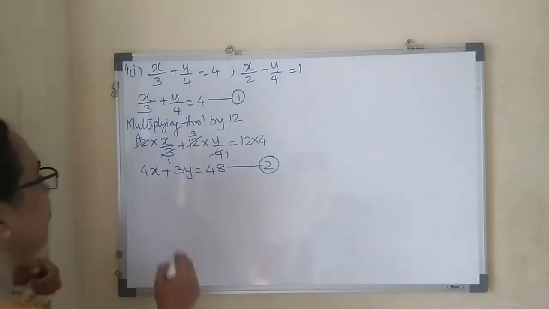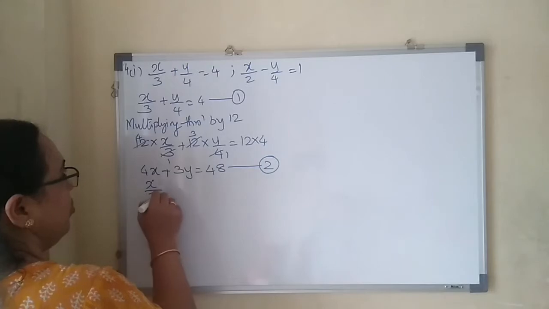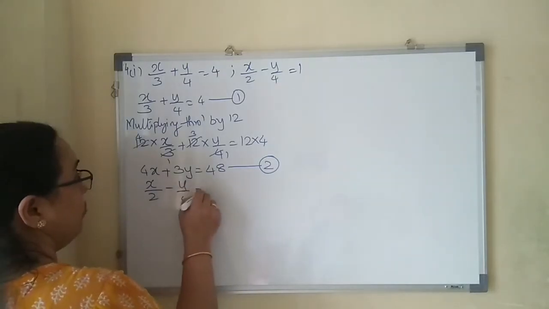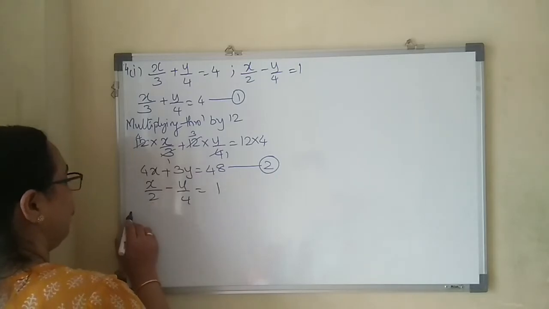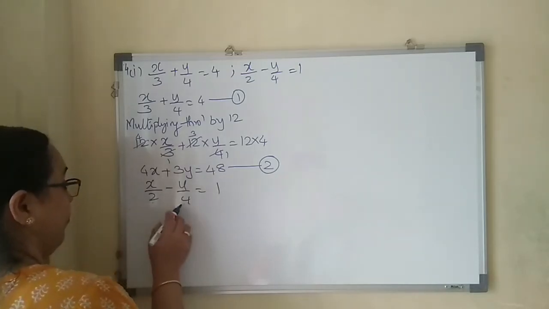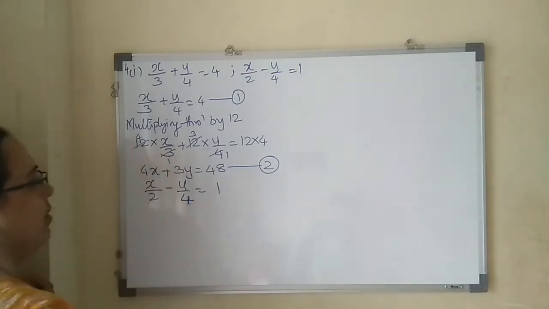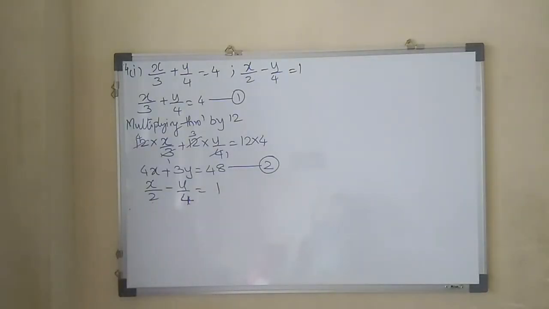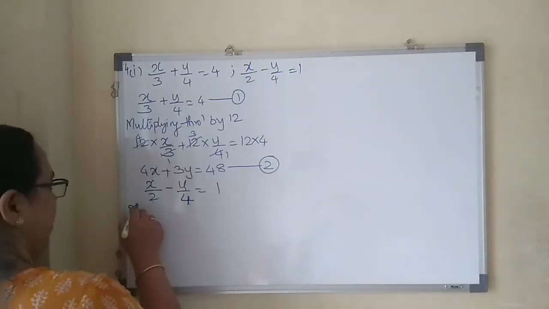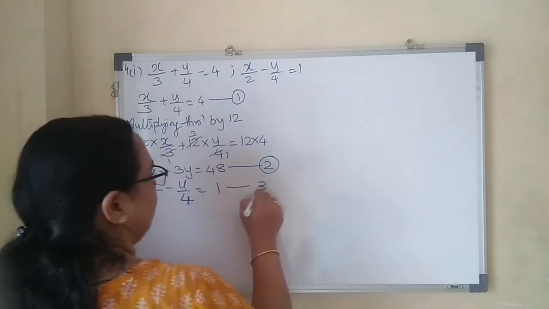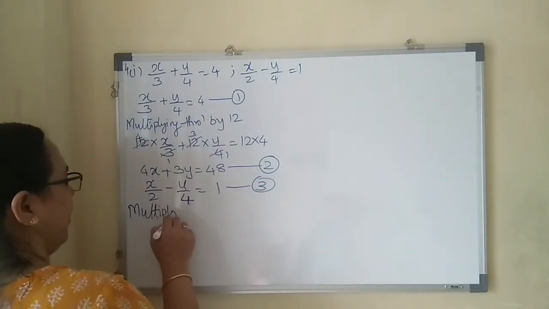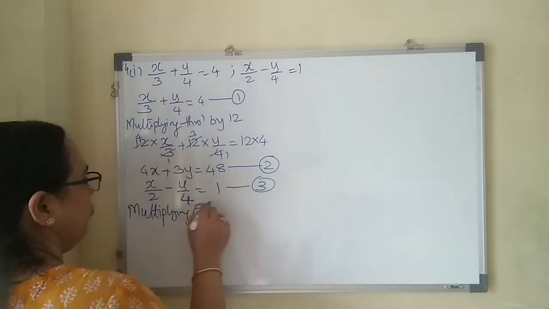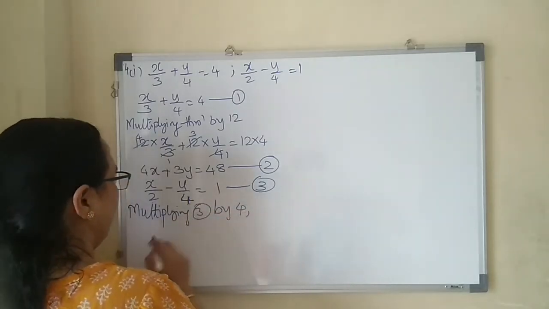What we have: x upon 2 minus y upon 4 equals 1. The LCM of 2 and 4 is 4. So, number it as the third equation, multiplying equation 3 by 4.